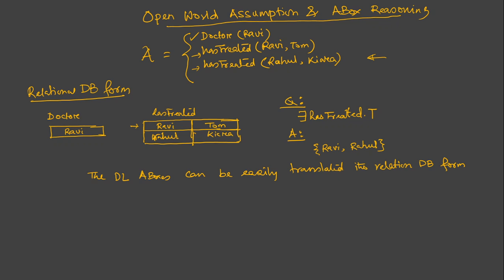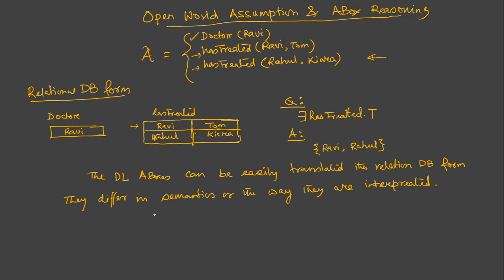You can represent something that you have represented in an A box in a relational database, and something you have represented in a relational database, you can easily convert to a DL A box. But they differ in the way they are processed. Basically, they differ in semantics, or the way they are interpreted.